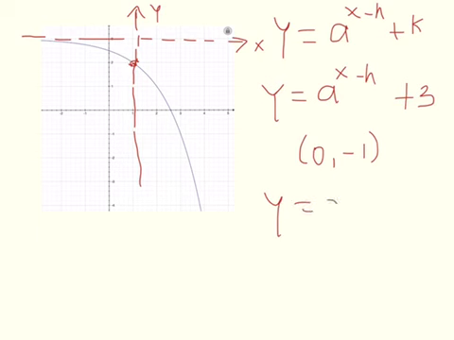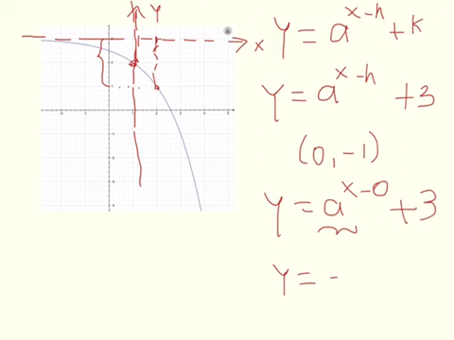So this function is not moved horizontally, it is moved only vertically 3 units, and now we obtain the a by taking into account my 1 value in the new axis, and when x is 1, my value according to my new set of axes is going to be negative 2. So y is going to be negative 2 to the x plus 3.